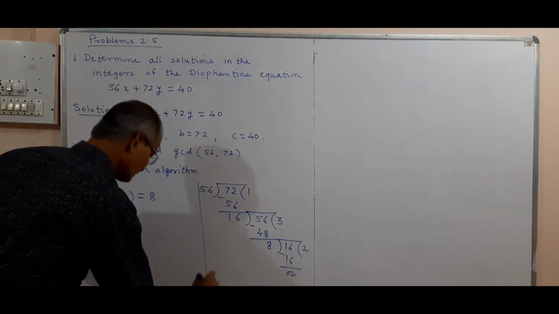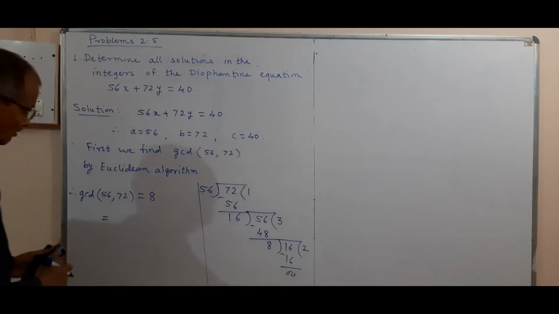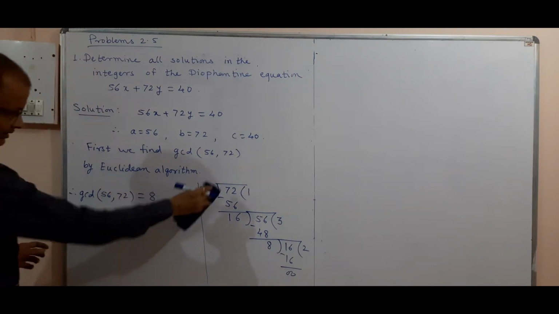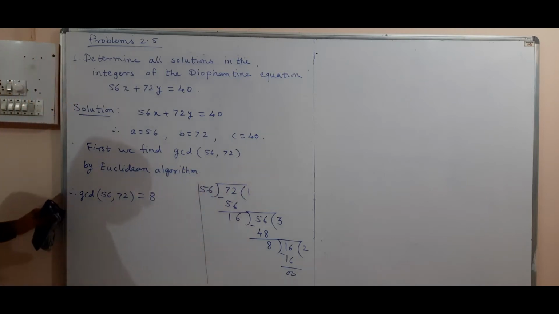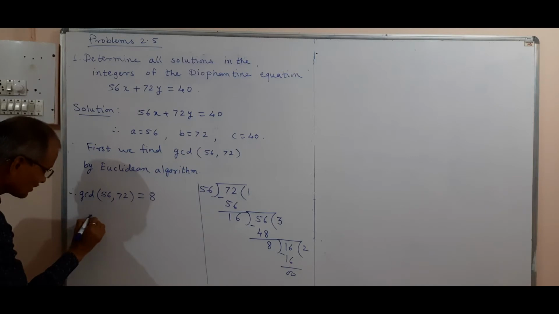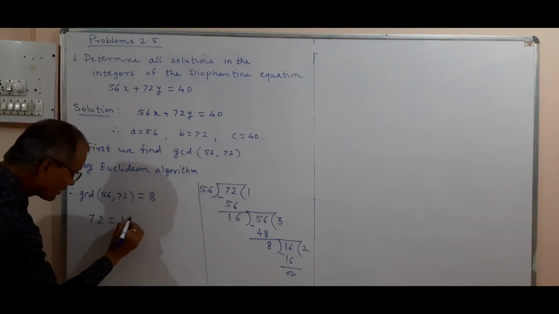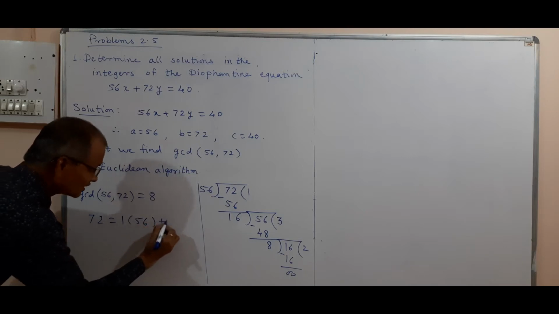And this 8 is to be expressed again in terms of 56 and 72. Before that, we will write the list of equations here. First, 72 is equal to 1 into 56 plus 16.